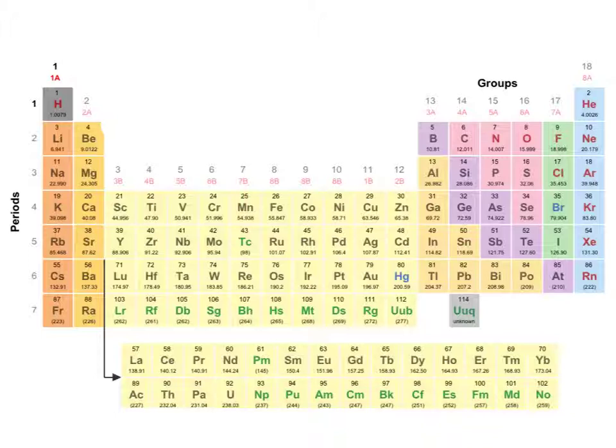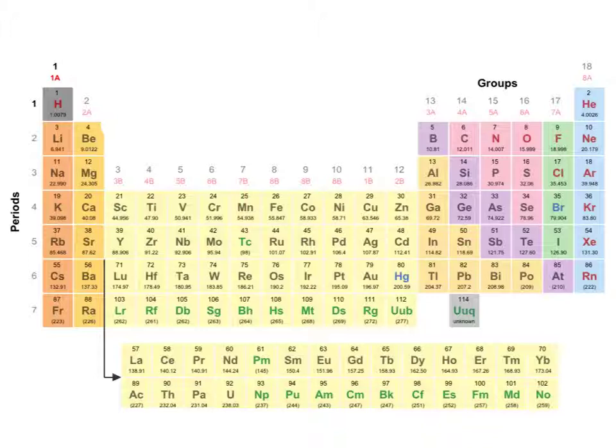So, as I said, for this we'll be using a metal, which is everything over here except for hydrogen, and a non-metal, which is the stuff over here and hydrogen. So just to make it kind of simple, let's use calcium and chlorine.